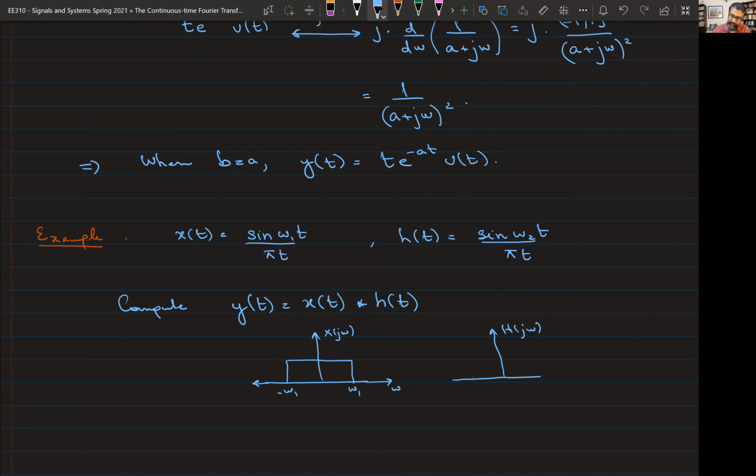It's the same rectangular pulse, except that this is from minus omega 2 to omega 2, the cutoff is omega 2 radians per second, right? So y of j omega is just simply equal to the product of x and h, right? So what would this product be? When I multiply these two square pulses together in the frequency domain, what would you get?